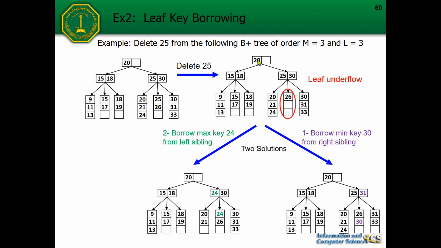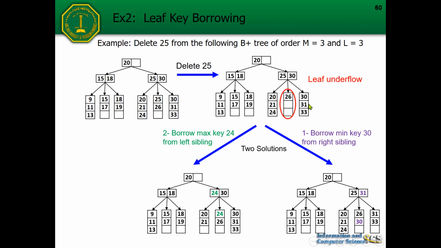You can see that this node has left and right siblings containing 3 keys. L is 3 means that the minimum number of keys in the leaf node is 2, so we can borrow keys from either the left or the right sibling. In this case, we borrow the key from the right sibling.